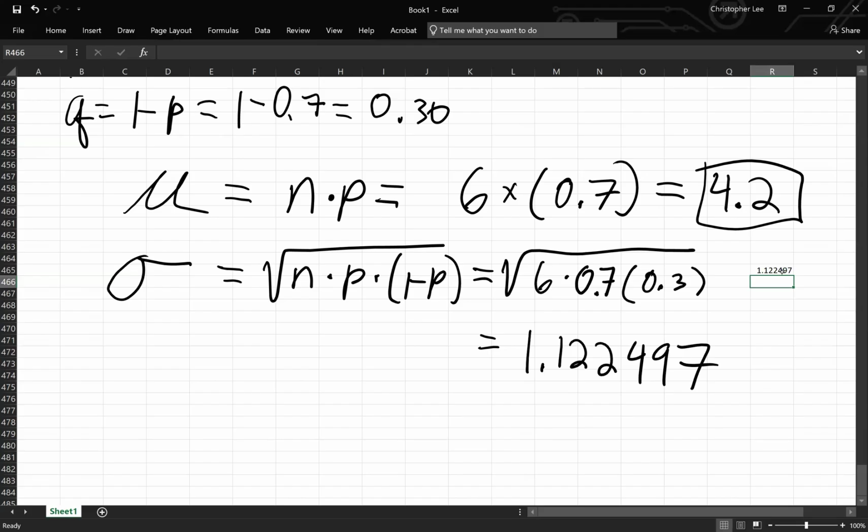Questions on this? Go ahead. Basically, your question is going to give you something like, give me the expected value or give me the standard deviation. You just have to know to use this formula, plug it in, and that's it.